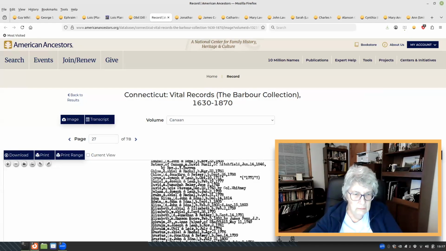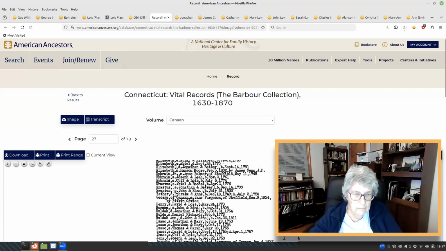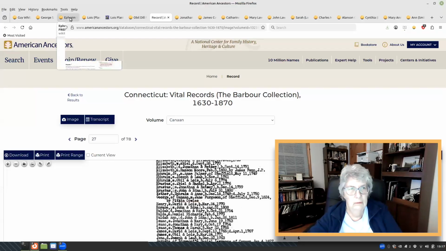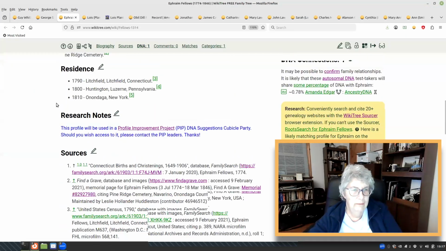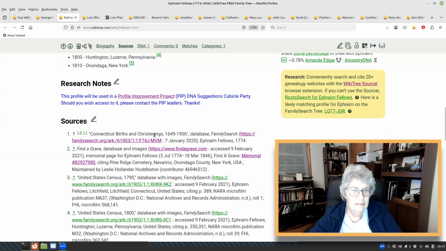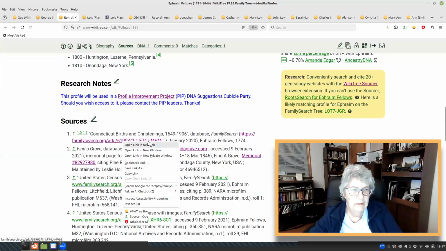Here we have Ephraim, the son of Obed and Lois, was born 6 July 1776. Or 3 July 1774, that's a little different. Oh, it's on here.